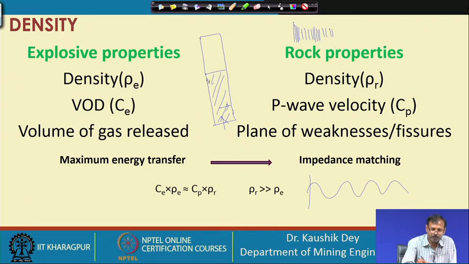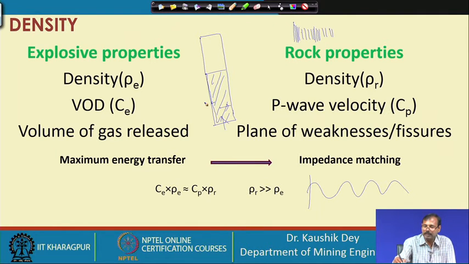So, what will happen at the interface? At this interface, the shock waves are generated from the explosive. The next adjacent medium is rock, and how the shock will propagate from the explosive to the rock depends on the simple wave propagation law.